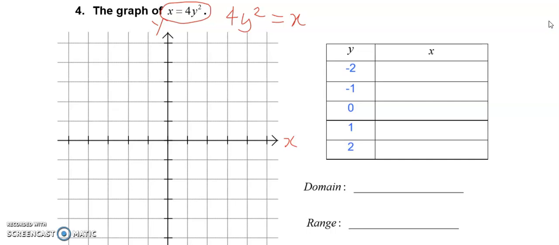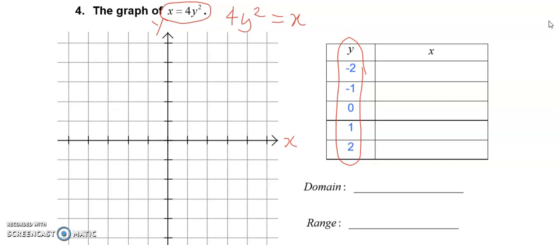Now, one thing I want you to notice, for this particular equation, they don't give you the x values, and you work out what the y's are. This time they give you the y's, and you should work out what the x's are, because if you look at the equation again, you can see that the side containing the y is the much more complicated side.